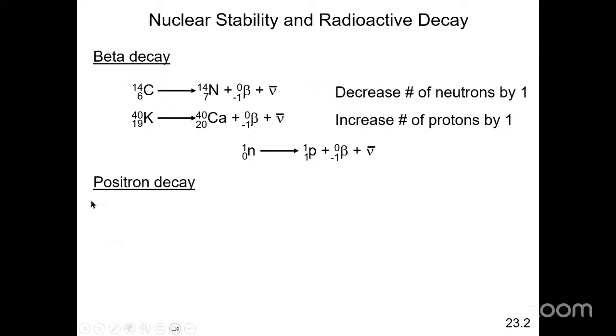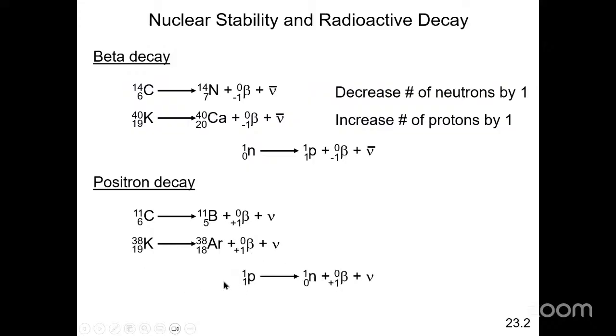Now, in the case of a positron decay, it's basically the reverse of what we just said here, because the positron is positively charged, right? So if we look at this, for example, the positron decay of carbon-11 to form boron-11, and another example here, where potassium-38 by positron decay is converted to argon-38, what happens is that the proton is converted to a neutron and a positron is being formed, right?